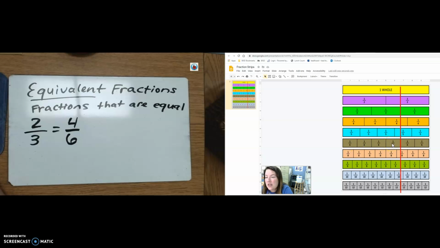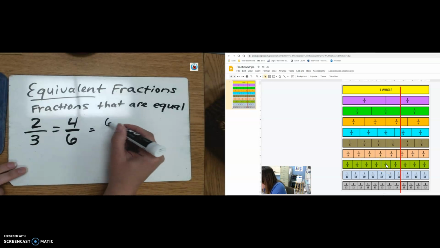Do you see any other fractions on this fraction strip that are equivalent to 2/3? Take a look. You should see at least 2 more. Okay, one of them is our 9ths. Look here. How many 9ths equals 2/3? 1, 2, 3, 4, 5, 6.